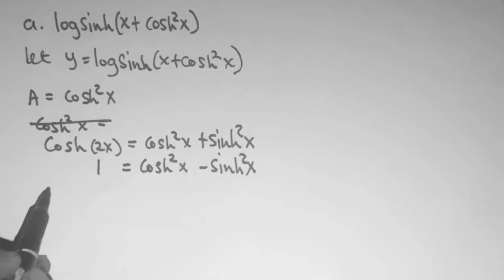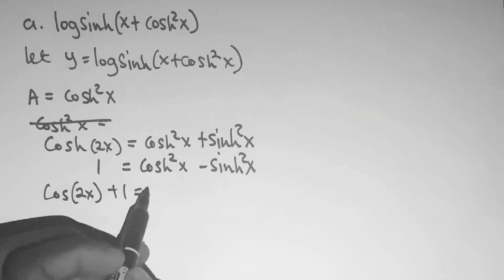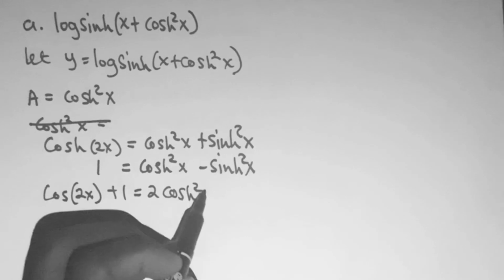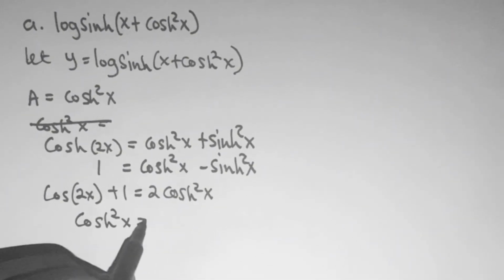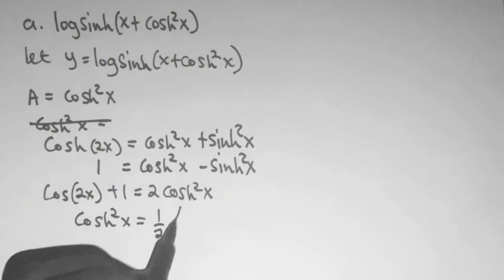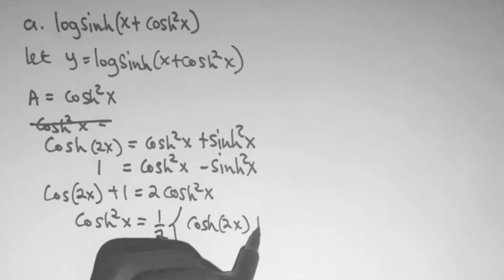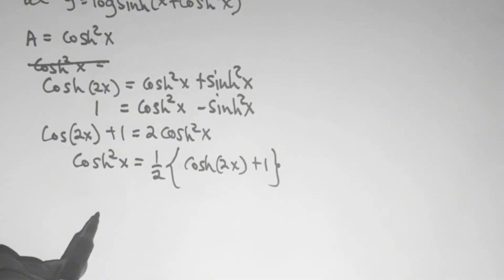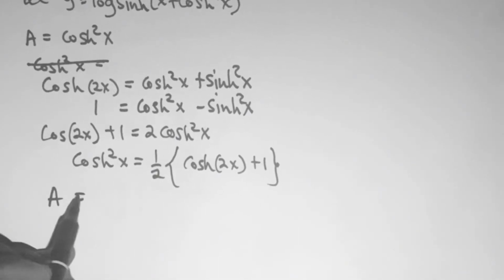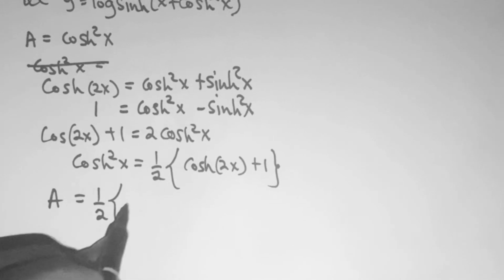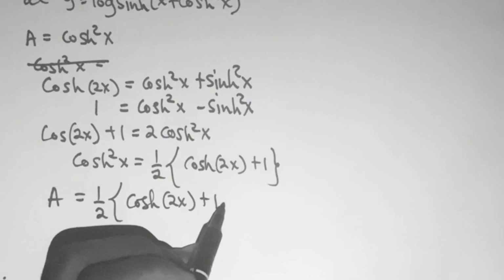So if we add these two, cos 2x plus 1 is equal to 2 cos squared x, and therefore cos squared x is equal to half of (cos 2x plus 1). So now A equals cos squared x becomes A equals half of (cos 2x plus 1).